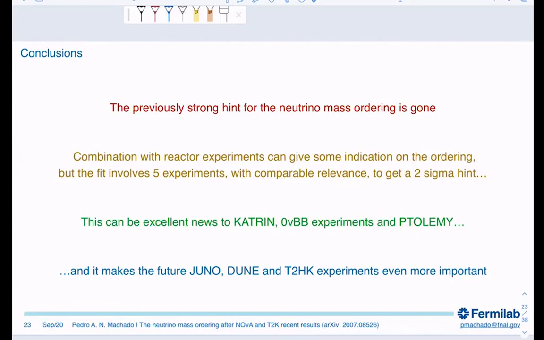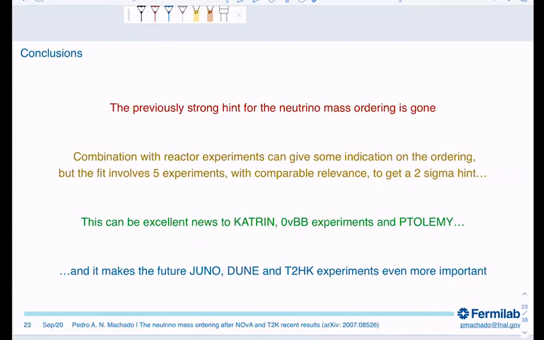But this is just because you combine reactor experiments with accelerator experiments and atmospheric. When you get all these 5 data sets, T2K, NOVA, Daya Bay, RENO, and atmospheric, they all contribute comparably to give you a sort of 2 sigma hint.